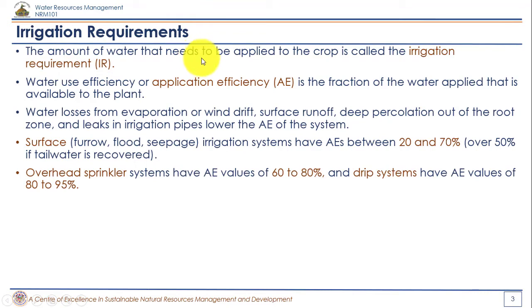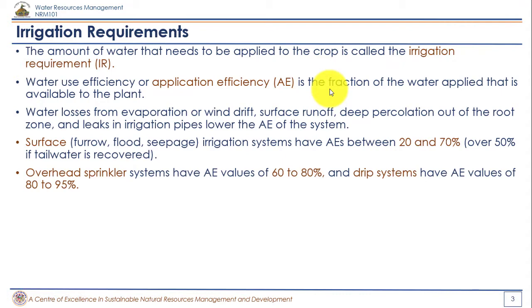So the amount of water that needs to be applied to the crop is called irrigation requirement. The second terminology is called water use efficiency, or commonly called AE, application efficiency. This is the small fraction, or the small amount of water that is actually available to the plant from the irrigation requirement.